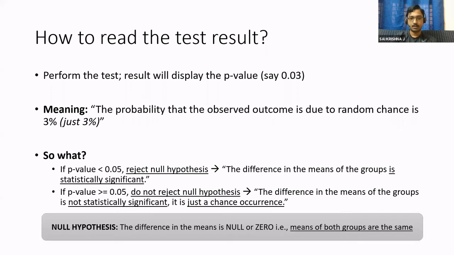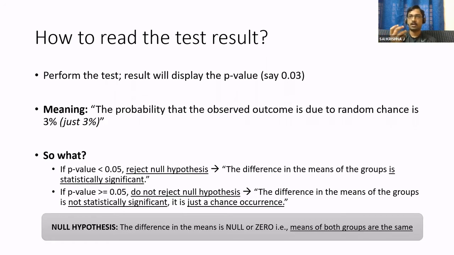Because you see this definition, the probability that the observed outcome is due to random chance. When you say 5%, anything that has a random chance probability of less than 5%, you are saying it is statistically significant. You are giving very little room for a random chance occurrence, just 5%.